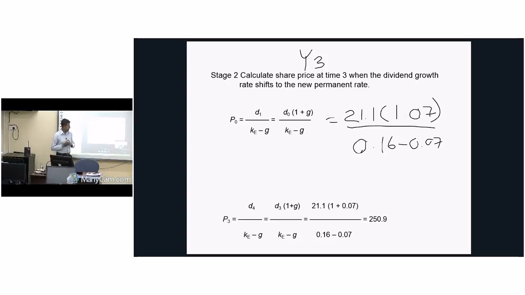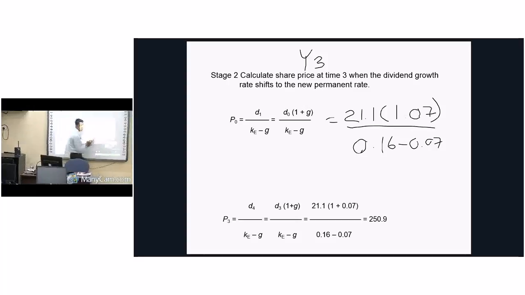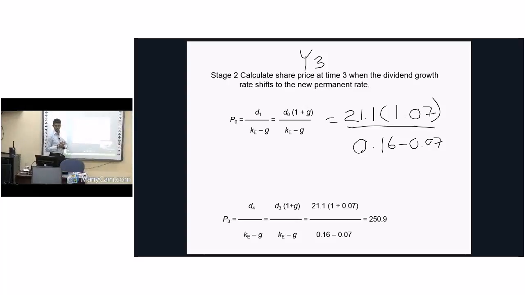That means from the third year onwards, if we were to get a dividend with a growth rate of 7%, when you total all the dividends for the future and discount at this rate, the value would be 250 for one share.